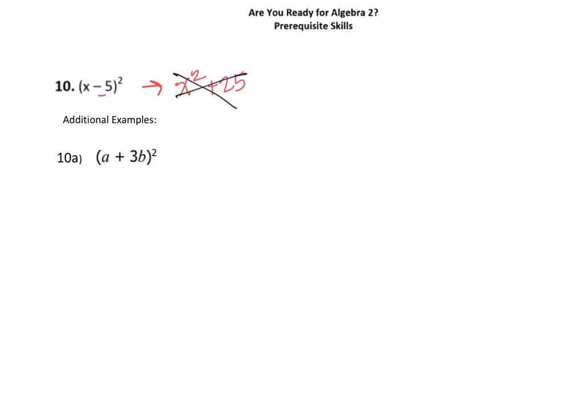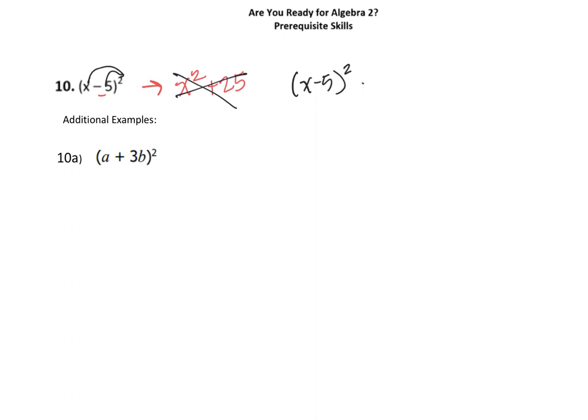We cannot just go through and distribute that outside exponent and square everything inside of it. That's not how it works. Unfortunately, it would be really easy, but it's not. Remember, when we square a value, squaring means to multiply. This squared means to multiply a value by its own self.